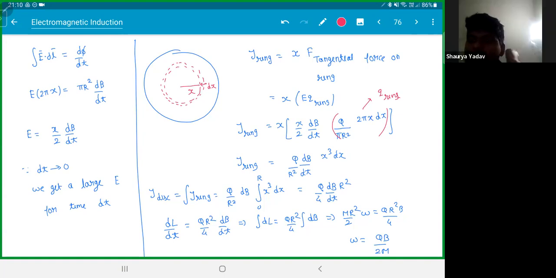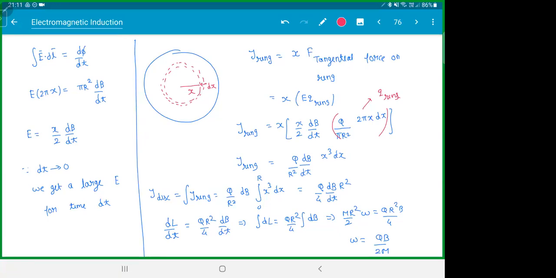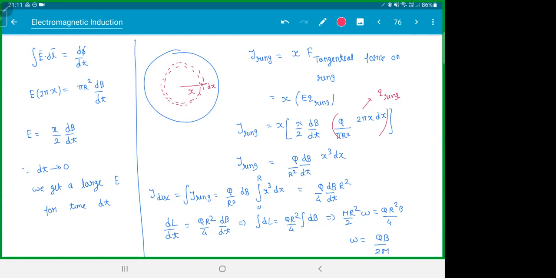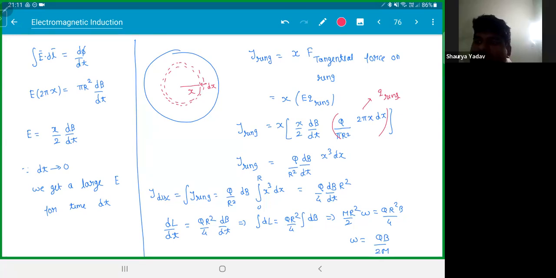Sir, in the second step, you missed that dt after the integral of torque on the ring.